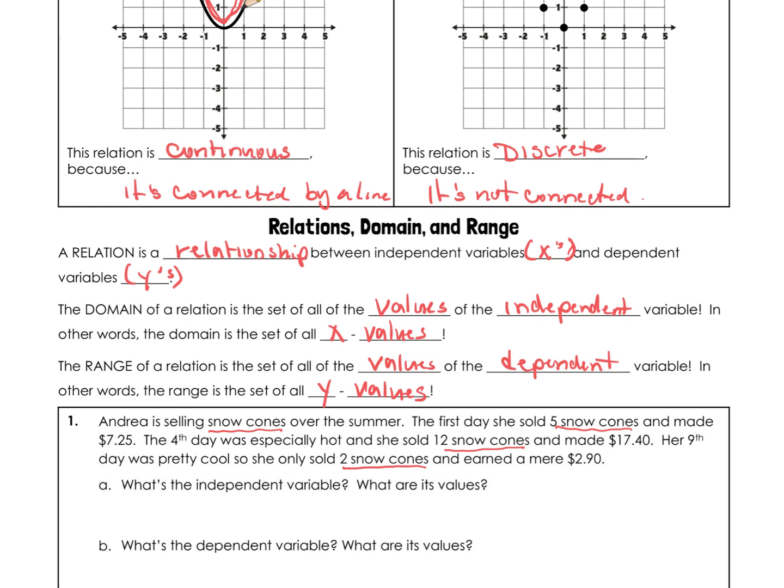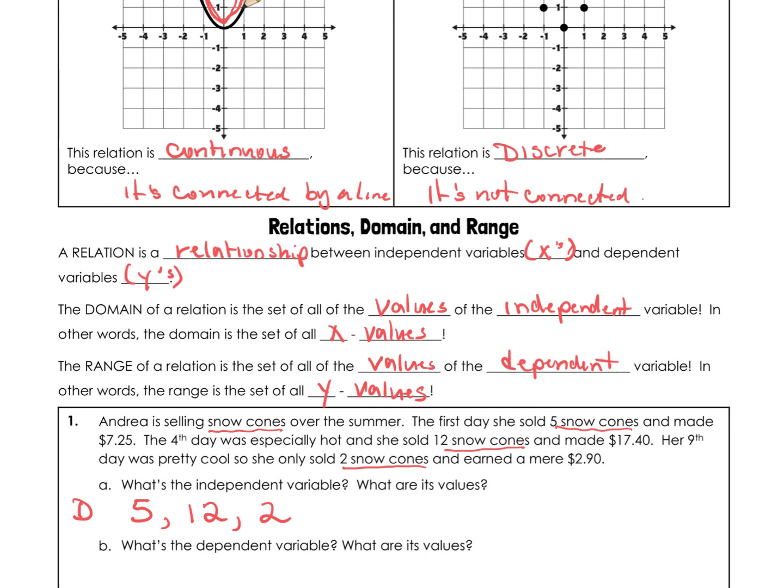So the independent variable is the one that tells you what is being sold. So in this case, it's how much of what's being sold. So we're selling snow cones. So she sold 5 snow cones on the first day. She sold 12 snow cones, and then she sold 2 snow cones. And this is your domain.